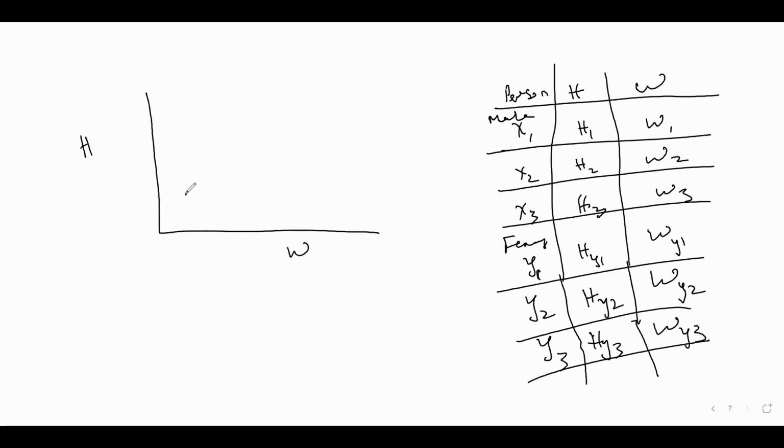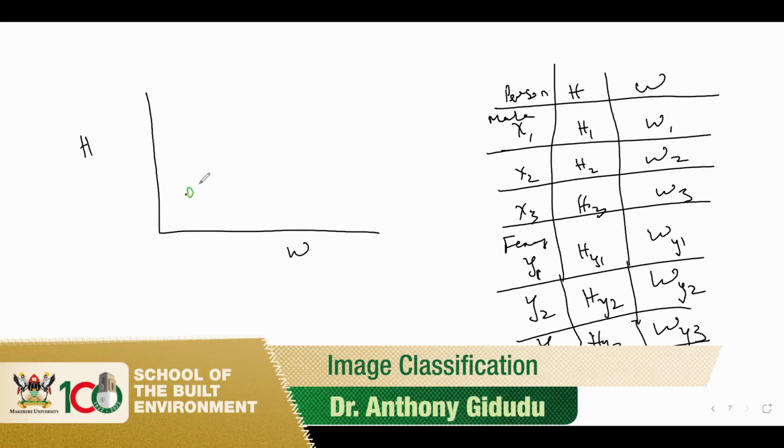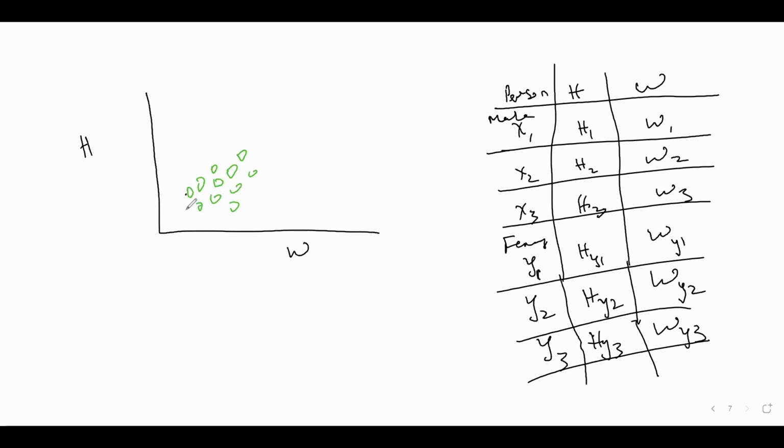So let me use this to represent the women. Generally, they're usually shorter and lighter. So now pick 3, but we could have a good number, and if it is normally distributed, it will be something like that. And then when it comes to the male, men are usually heavier and taller, and of course, we also have cases where there's something like that.